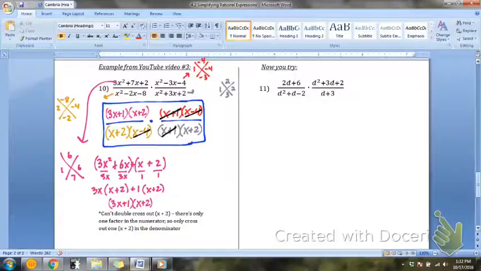I have an x plus 2 at the top right here, and I have 2 of them on the bottom. But can I cancel out 2 on the bottom, or can I only cancel out one group? Only one group, 1 for 1 here. So I'm going to knock those groups out. So the only thing that I have left on the top is a 3x plus 1, and on the bottom I have an x plus 2.